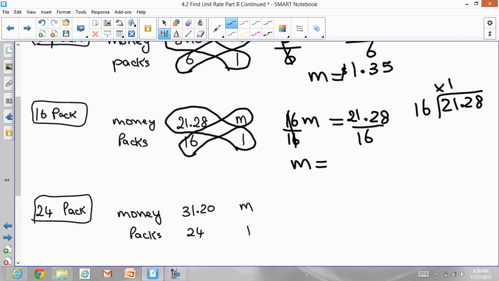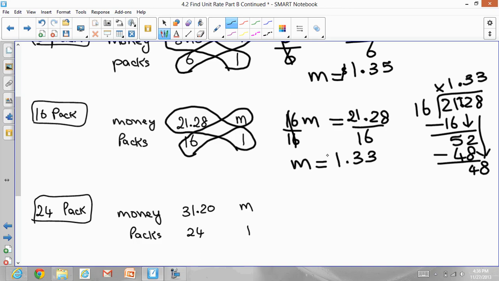So this is going to be 1 times 16, 17, 18, 19, 20, 21, 5. Decimal point goes straight up. 2 comes down. 16 goes into 52 3 times to give you 48. 8, 9, 10, 11, 12, 4. Bring the 8 down. 16 goes into 48 3 times again. So this will be $1.33 for one pack.